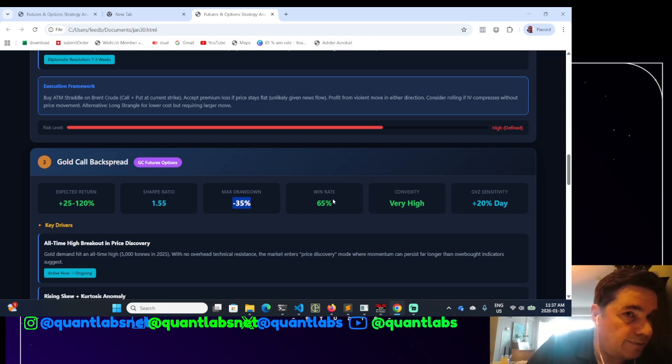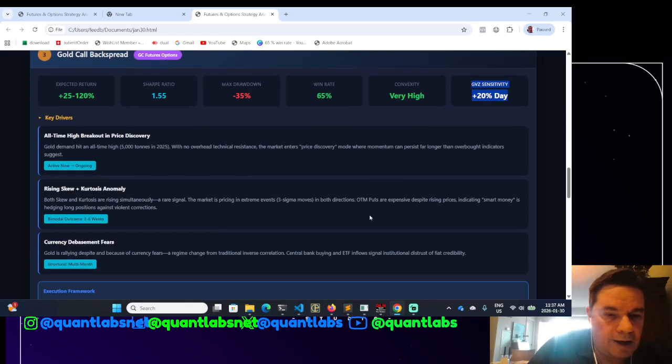I have my portfolio, my way of trading and investing. I keep multiple portfolios, but the bulk of my cash is in the conservative one, trading just usual equity and stock. So here the convexity is very high, and there's GVZ sensitivity. That's the volatility on gold. It's 20% a day. So that's what's projected.